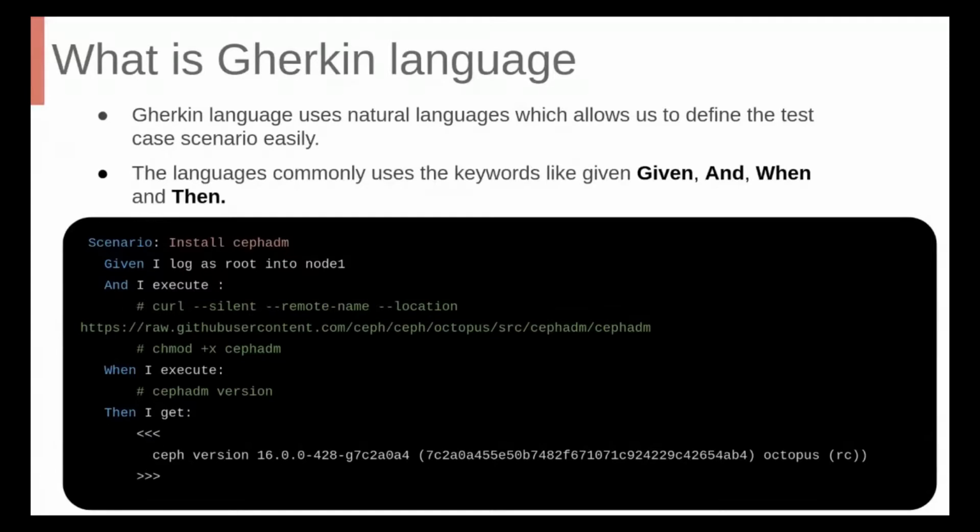As you can see, I have provided a sample scenario that we'll be implementing: given I log into a node as root, and I run the Ceph ADM version command, so that then we assert that we match the version we get with the version we expect here.